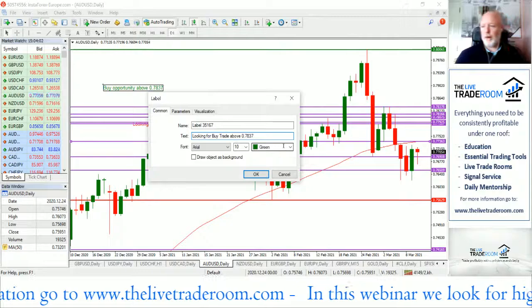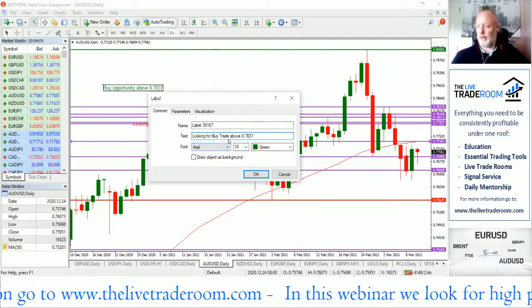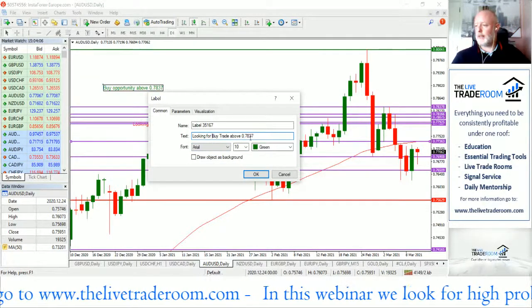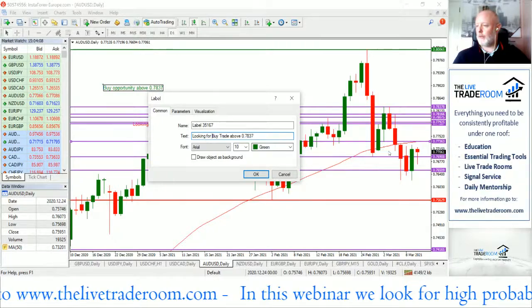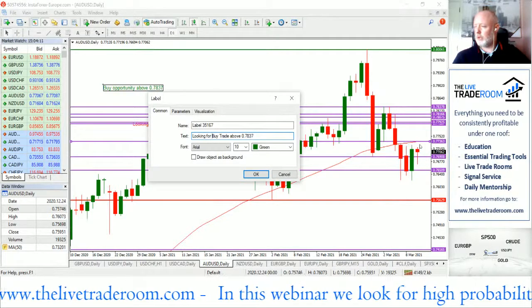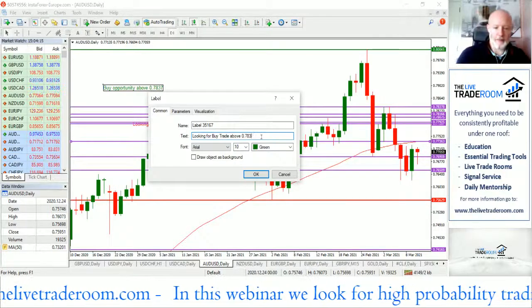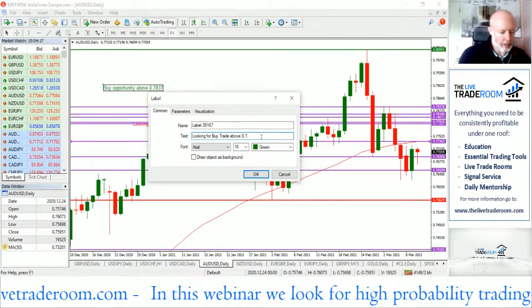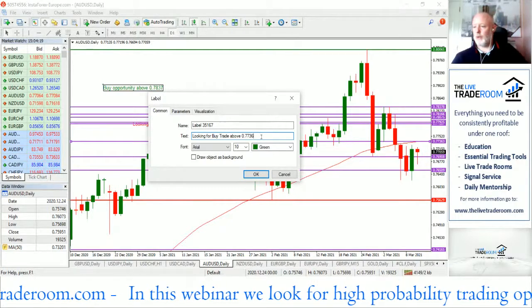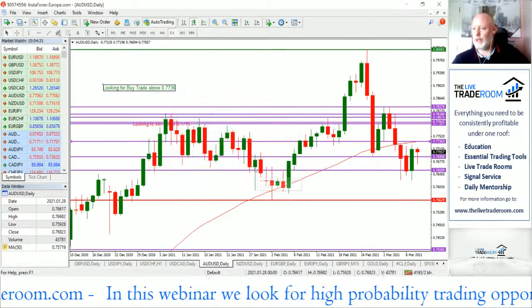So we're looking for a buy trade now. Looking for a buy trade above the 77.36 level. So again, it's a buying opportunity. It's looking for that dollar strength trade.